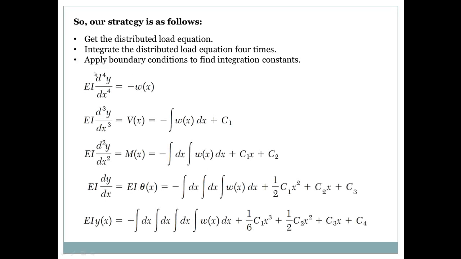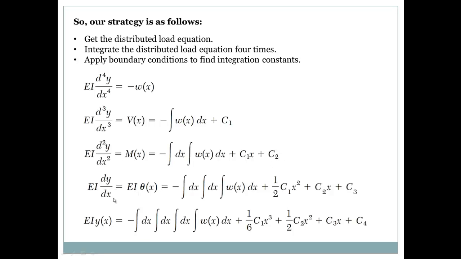Okay, so this is an overview of the equations you can get. If you have the equation of w(x) and integrate it once, you're going to get V(x), and you'll have a constant of integration C1. Then if you integrate it again, you'll have M(x) and a second constant of integration.